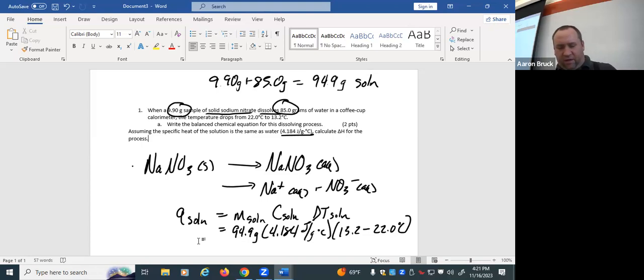So if I do that calculation, 13.2 minus 22.0, I get negative 8.8 degrees Celsius there.